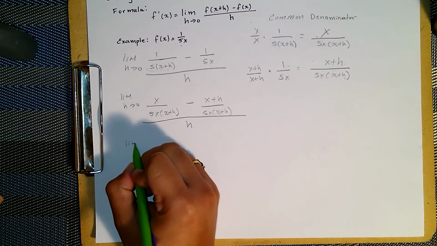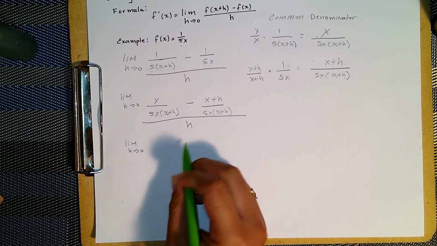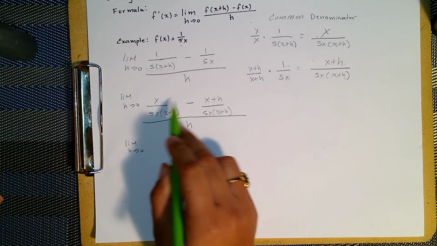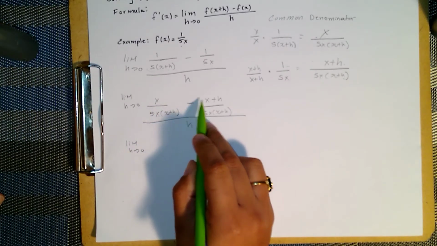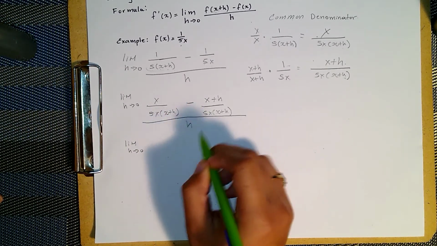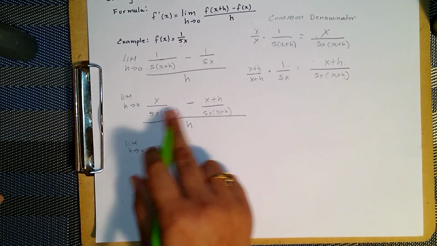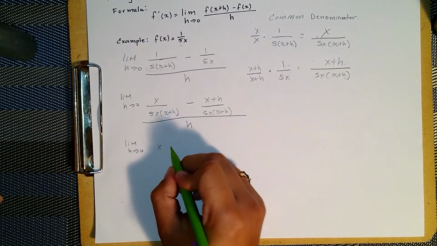Once again, the limit of h approaching 0. Here we're trying to solve, we're going to change the sign. So it'll be x, and we're going to put everything together with one denominator at the bottom.